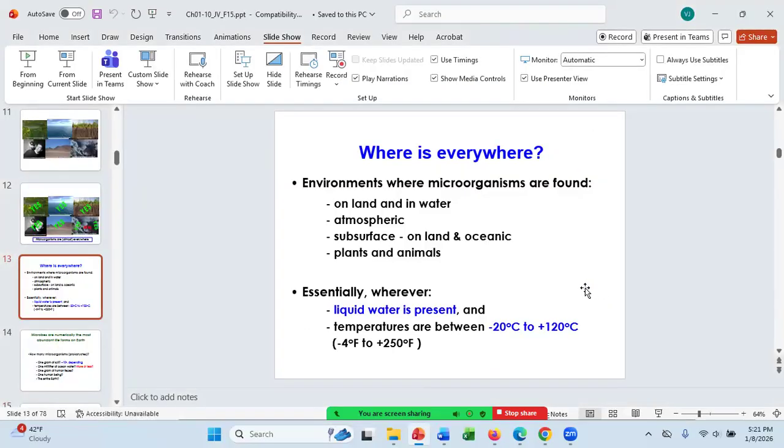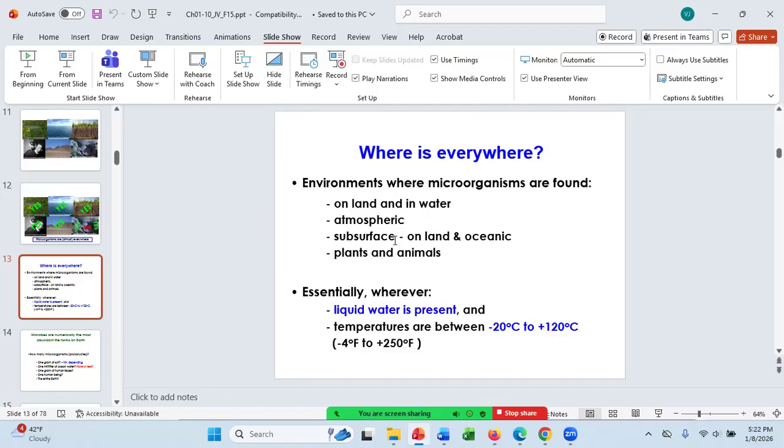So where is everywhere? That's any environment where microbes are found on the land and in the water. We're talking about the surface of the water, down about a mile in sediment, or on the land, down about a mile in the soil.